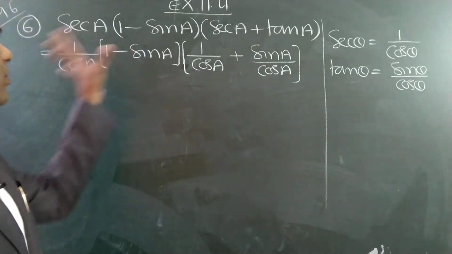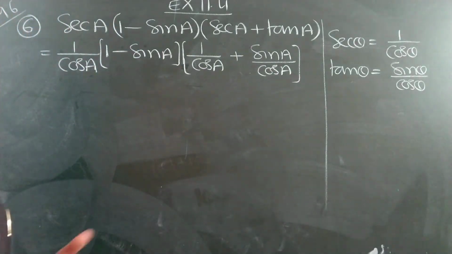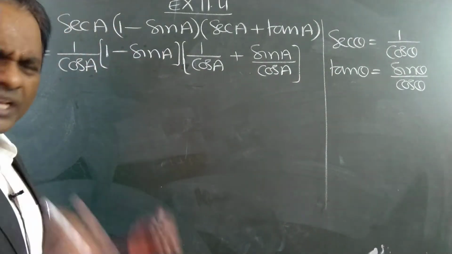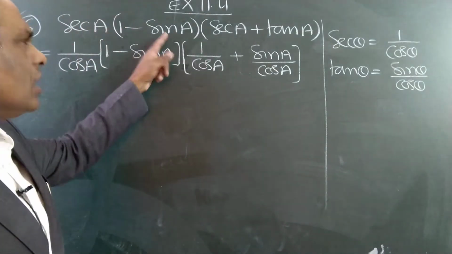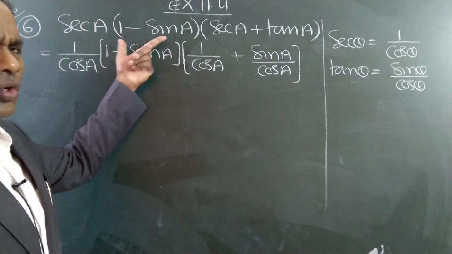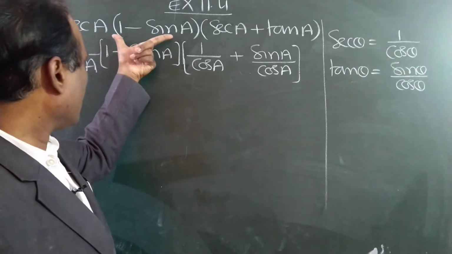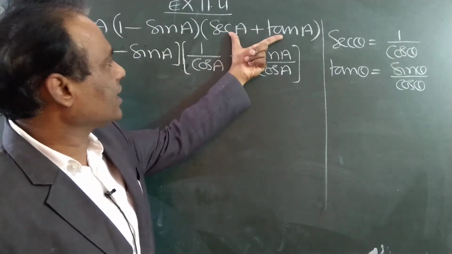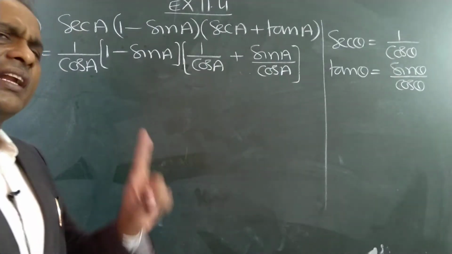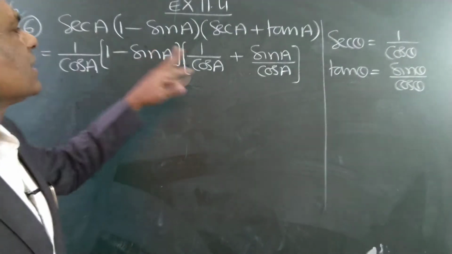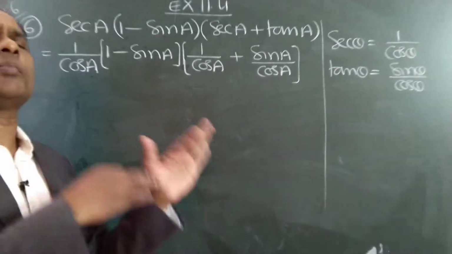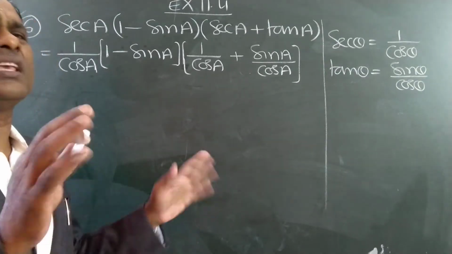Just changing the total problem into sin and cos. As I said, we can solve this problem in many ways. If you multiply these two first, get one expression, and multiply with this, directly you will get the answer. That is also one method. But this method is easy to remember, because changing the problem into sin and cos is easy to remember.